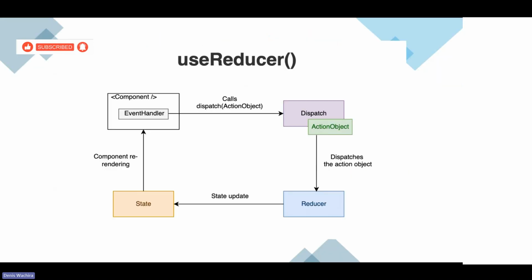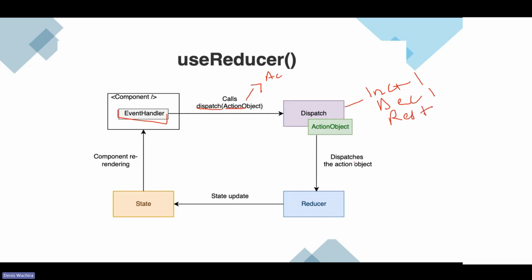Now the architecture of what happens behind the hook when working with useReducer. At the component level, we have the event handler, which uses the useReducer's dispatch and the state. On that dispatch, you dispatch an action. We said the dispatch function only accepts an action as the only parameter. That dispatches an action like increment by 1, decrement by 1, or reset. That is an action you can define.